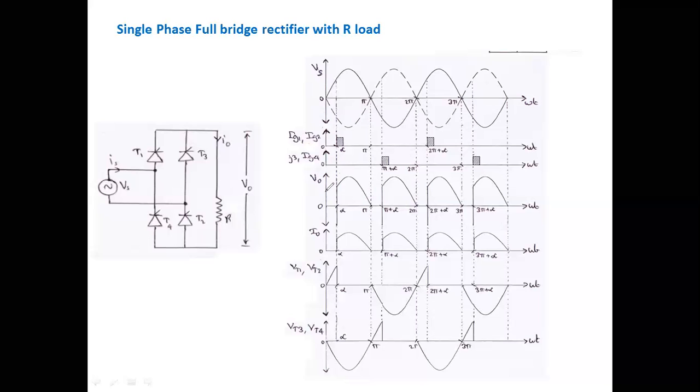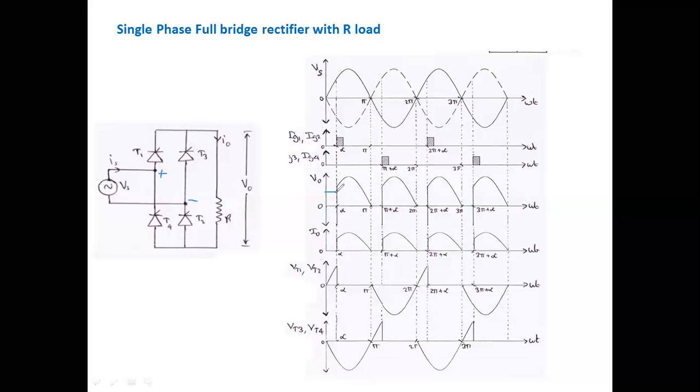So in the first mode, that is between 0 to alpha, your supply voltage is plus Vs, so this terminal is positive and this terminal is negative. So the thyristors T1 and T2 are forward biased, and thyristors T3 and T4 are reverse biased. Thyristors T1 and T2 are forward biased, but not turned on, so no current is allowed to flow to the load.